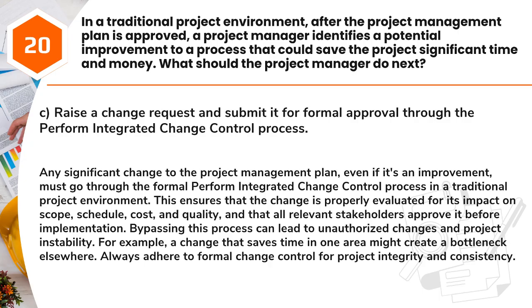This ensures that the change is properly evaluated for its impact on scope, schedule, cost, and quality, and that all relevant stakeholders approve it before implementation. Bypassing this process can lead to unauthorized changes and project instability. For example, a change that saves time in one area might create a bottleneck elsewhere. Always adhere to formal change control for project integrity and consistency.